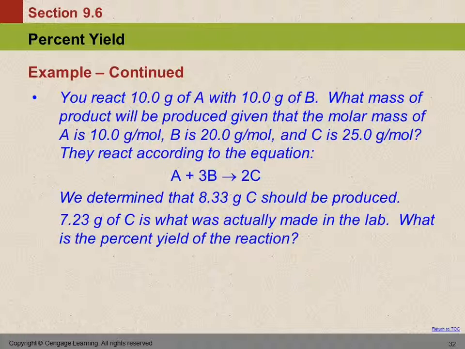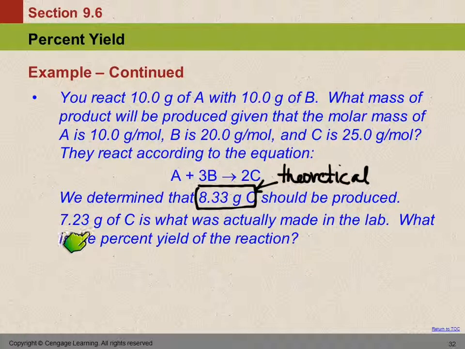We determined that 8.33 grams should be produced. 7.23 grams of C is what was actually made in the lab. This is the actual yield.